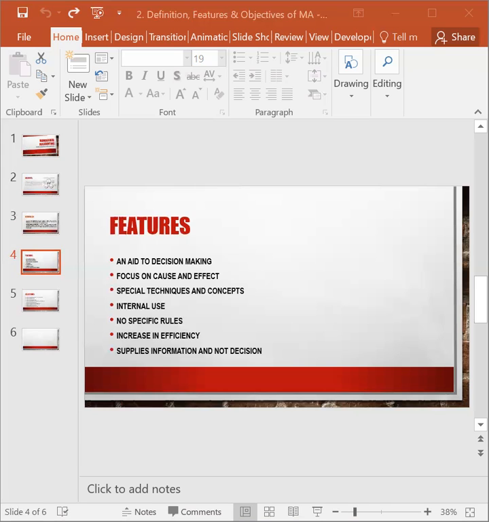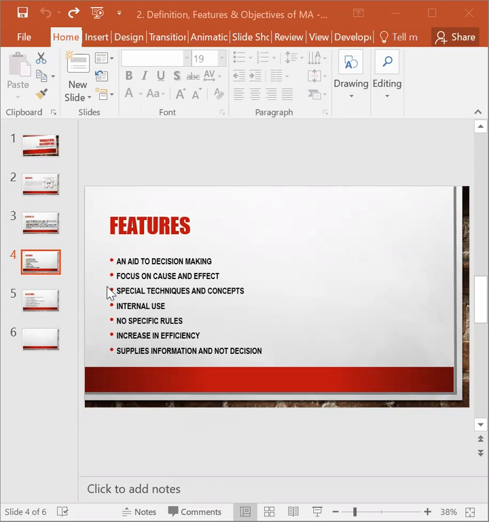The second one is that it focuses on cause and effect. Go back to your financial accounting. What happens in financial accounting? Financial accounting is limited to the preparation of financial accounts only. But when it comes to management accounting, it is actually establishing the cause and effect relationship. For example, if there is a loss in the company, the management accounting will probe into the reasons why there is a loss.